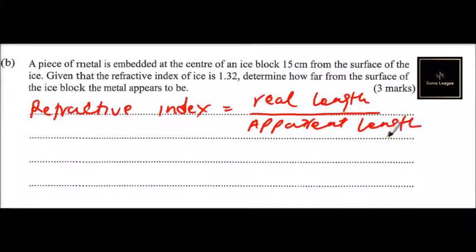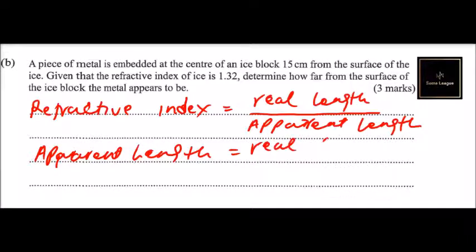And what do we have? Because we are required to find how far from the surface of the ice block the metal appears to be, this is the apparent length. So we interchange: apparent length is equal to real length divided by refractive index.